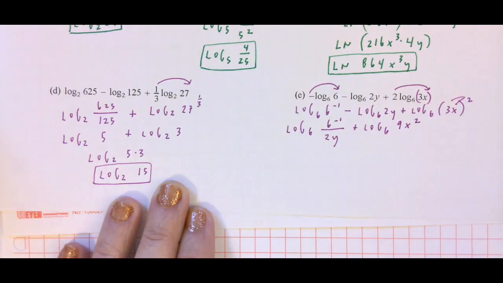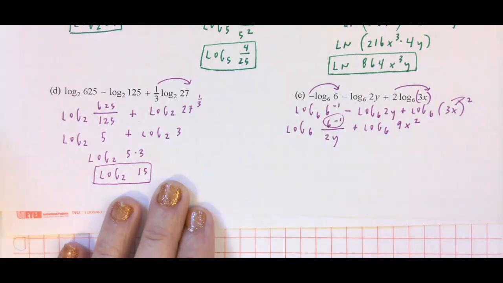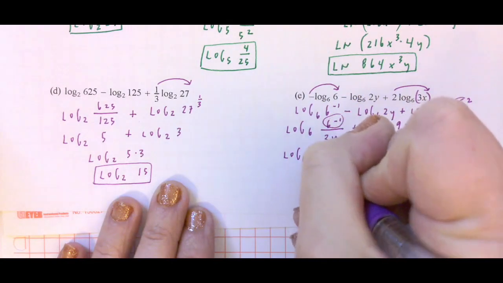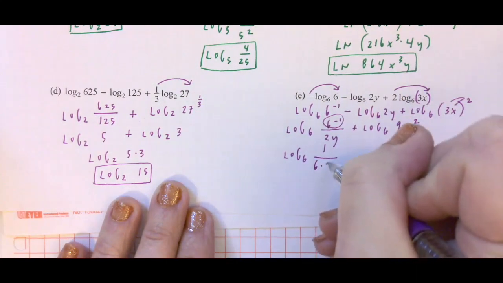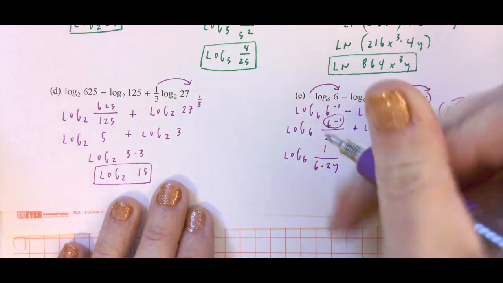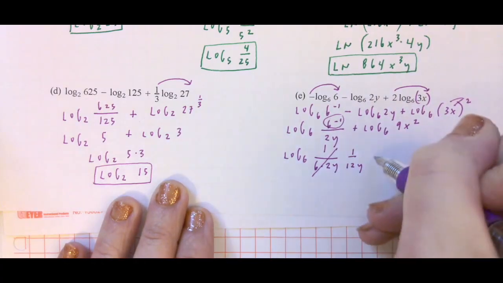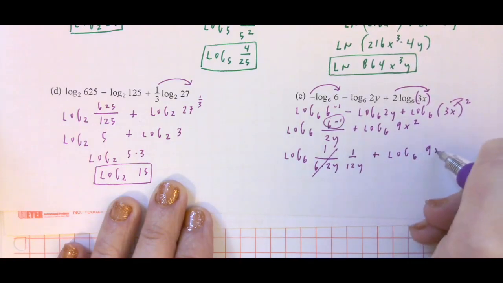Okay, so now if I think about that 6 to the negative first power, that's really 1 over 6. So I really now have log base 6 of 1 over 6 times 2y, right? I'm just going to say that's really 12y, and then plus log base 6 of 9x squared.